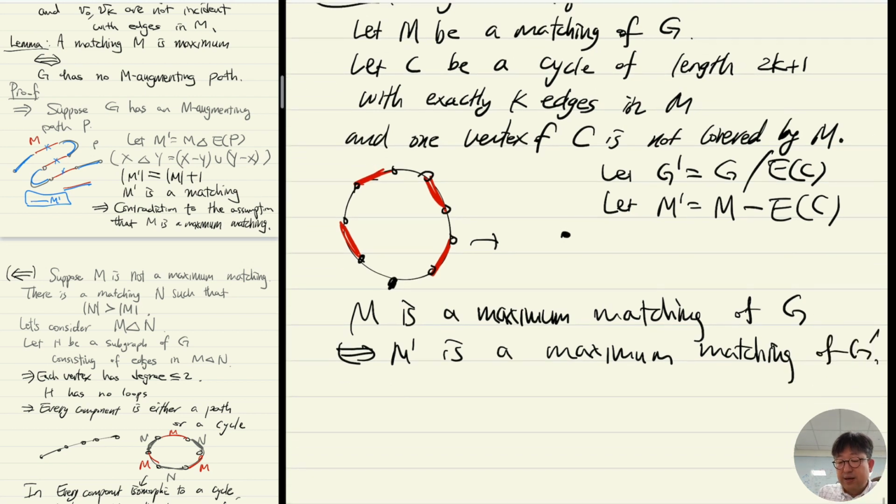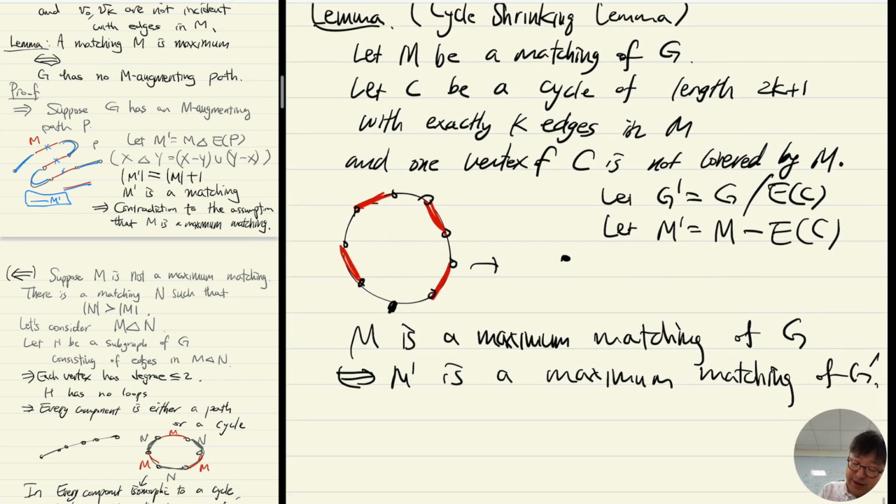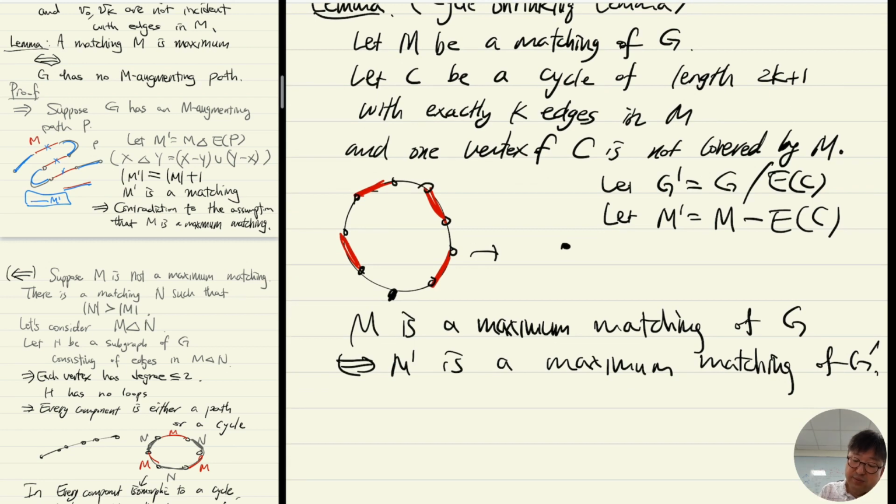So in other words, if after shrinking, we apply the same algorithm to find the augmenting path. If it doesn't find an augmenting path, then by this lemma we know that M is a maximum matching. There will not be any augmenting path.